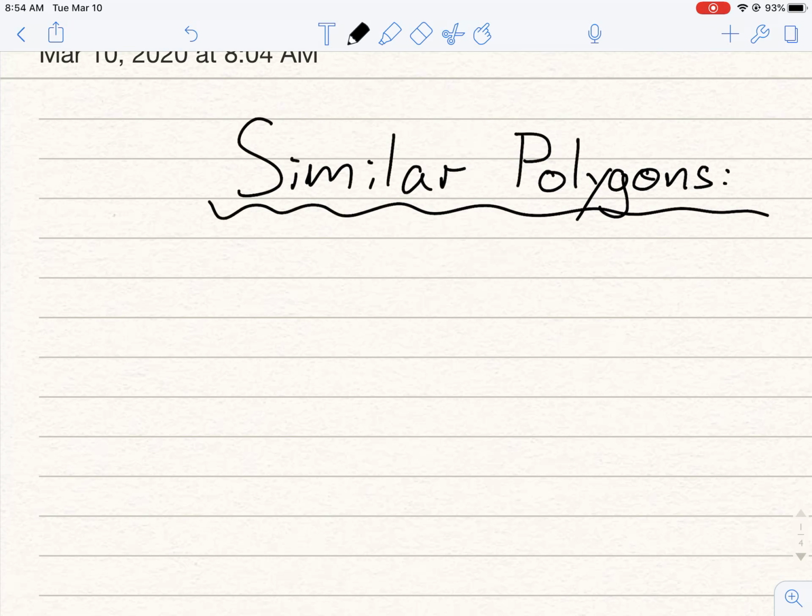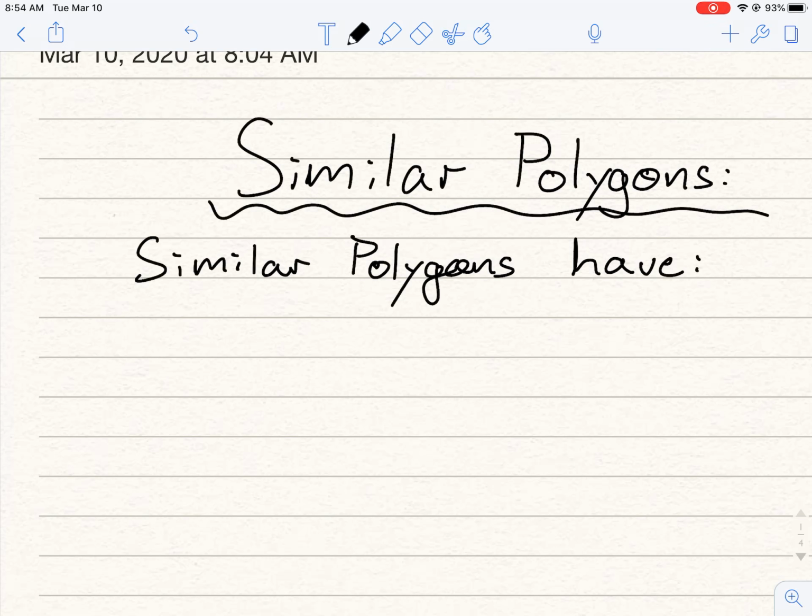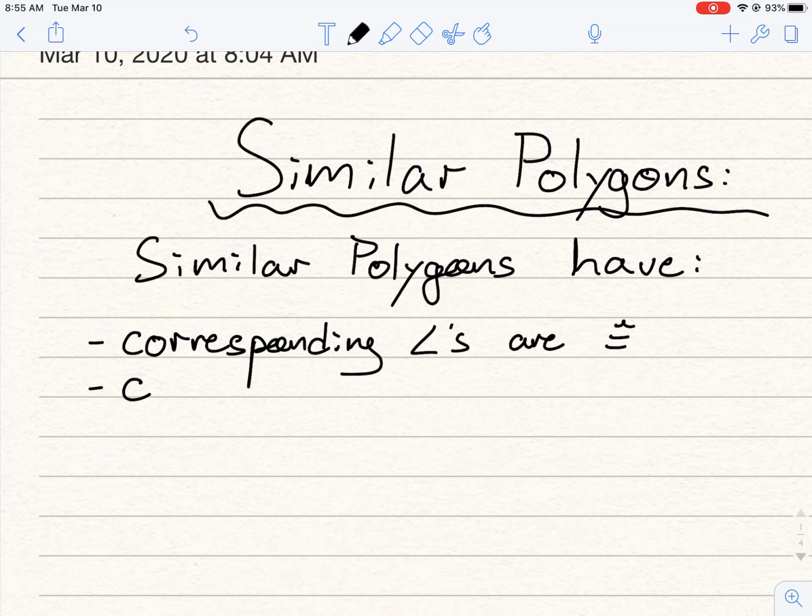But something important to note is that similar polygons have all of their corresponding angles congruent, and their corresponding sides are proportional.